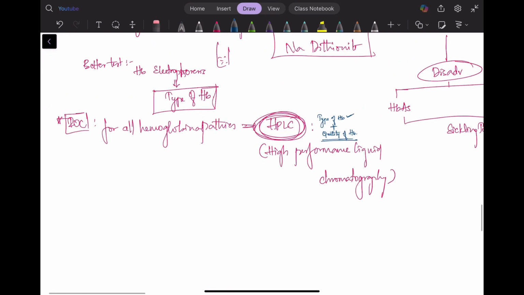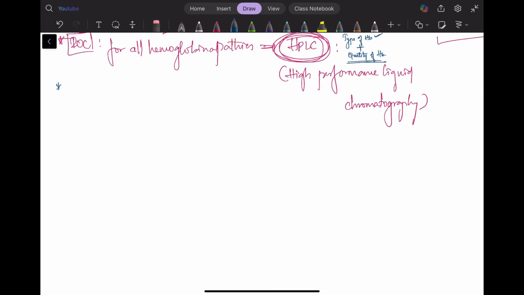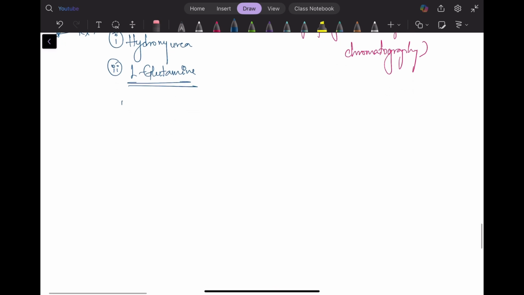Then what next? You did so many investigations, and the patient is like, what, doctor? So what next? There is only one next. What is that? Treatment. The patient is expecting treatment, right? You have to treat it. So let's treat him. I said you'll give hydroxyurea in acute chest syndrome. Then you will give L-glutamine, since it was depleted, you have to replace it.